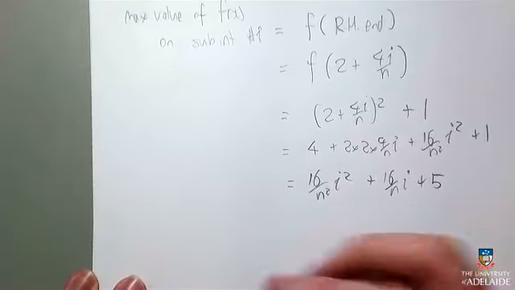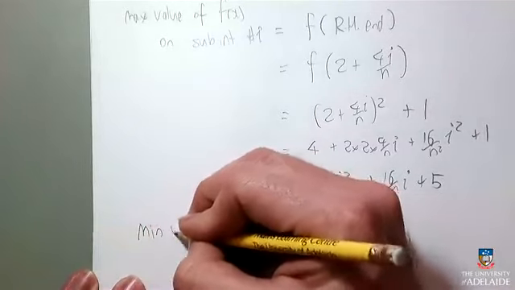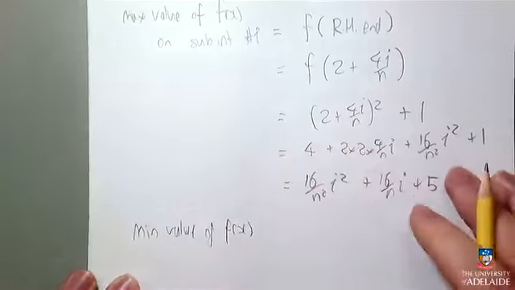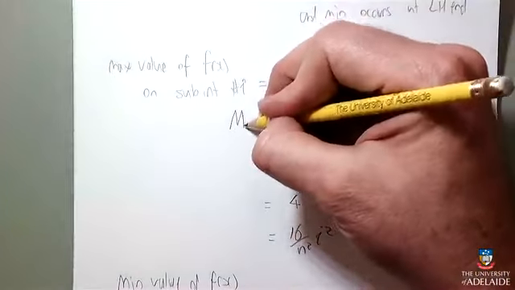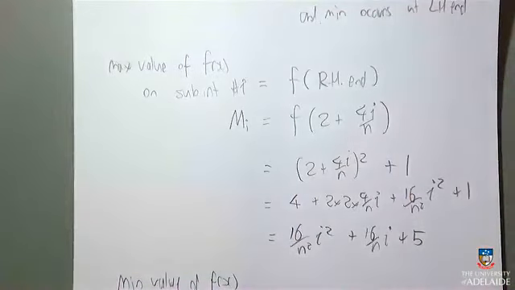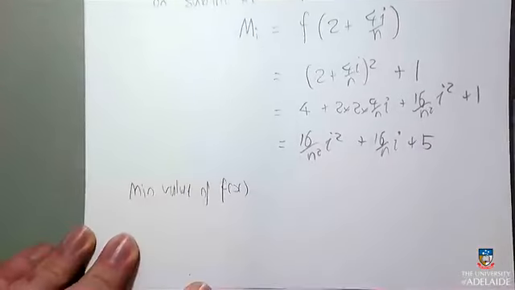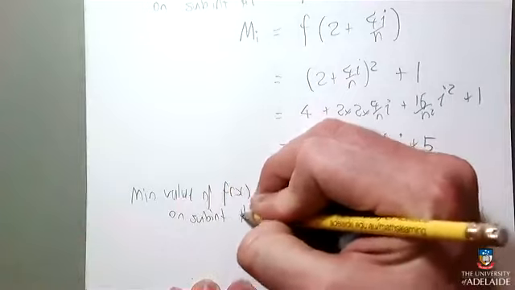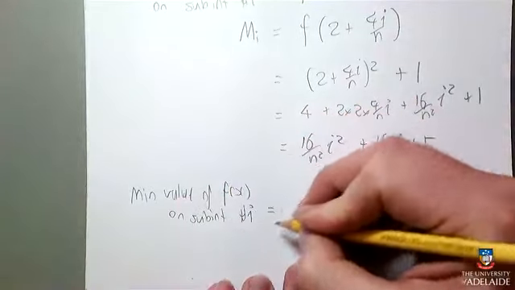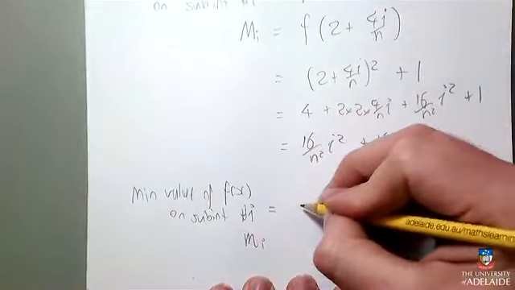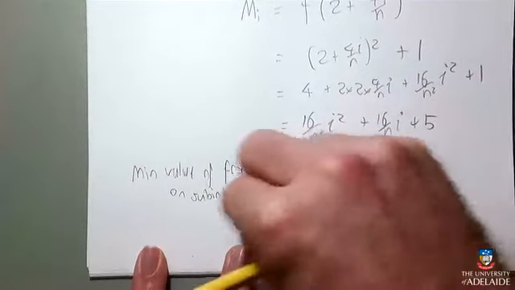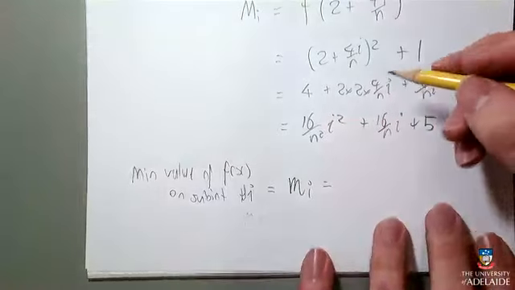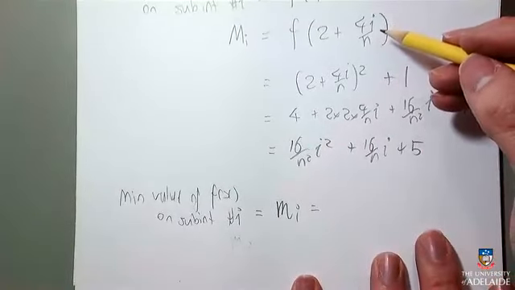All right. And the minimum value of f of x, just a second. This is normally called capital Mi up here, the maximum value. The minimum value of f of x on subinterval number i is normally called little mi. Which is exactly the same thing, but with an i minus 1 instead.